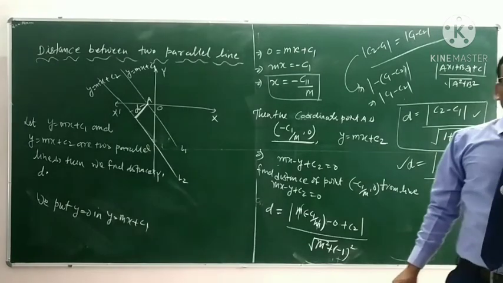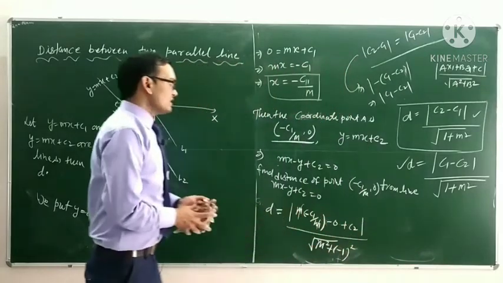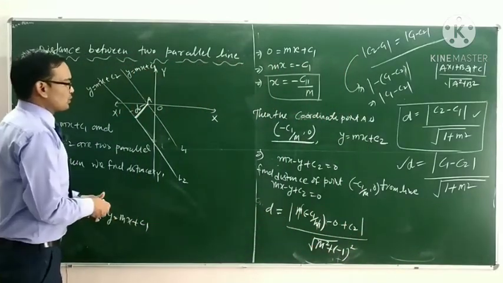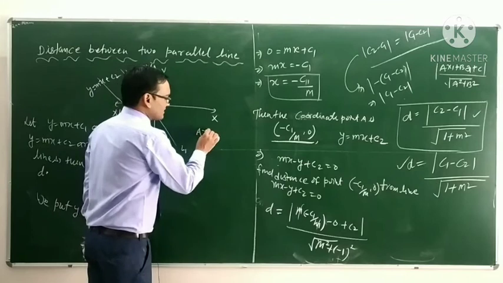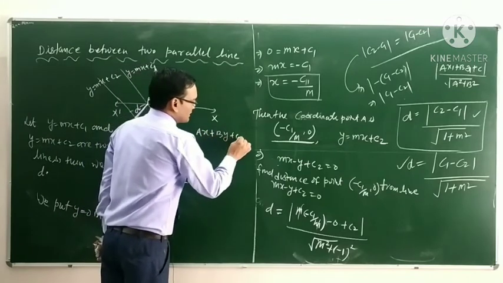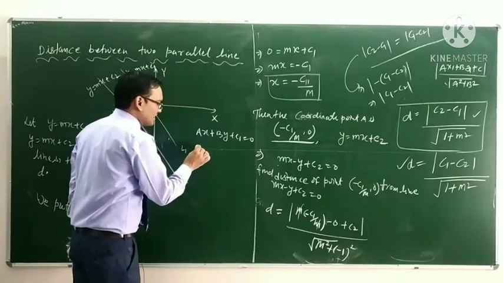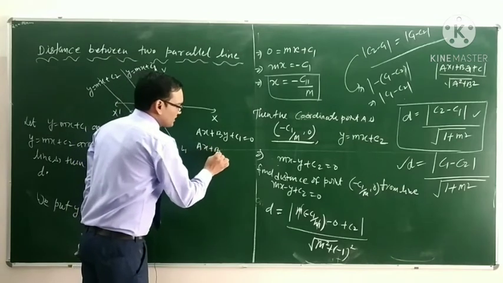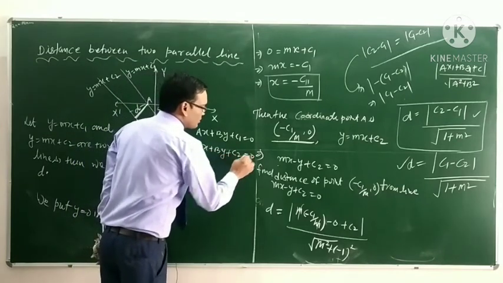You try to find the distance between two parallel lines ax plus by plus c1 equal to 0 and ax plus by plus c2 equal to 0.